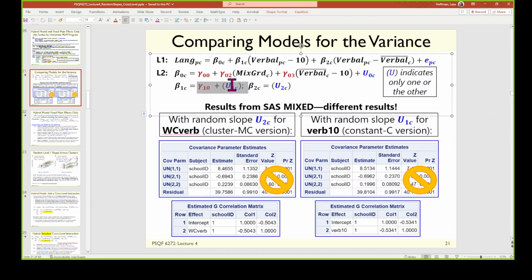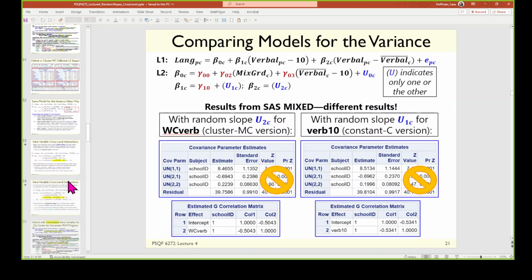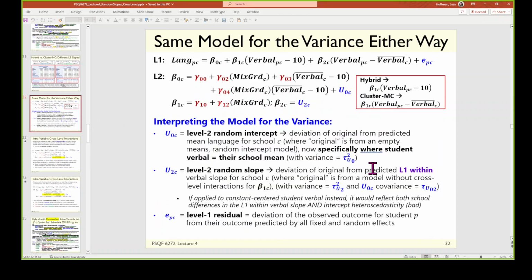This is all the slope variance there is to be had. So after you add some stuff and try to predict it, U2 is how far off you are still, but from the prediction given to you by the cross-level interactions, not just from the fixed slope, as one number. Yes, great. Okay, we're getting better, inching our way along. Thank you, Lisa.